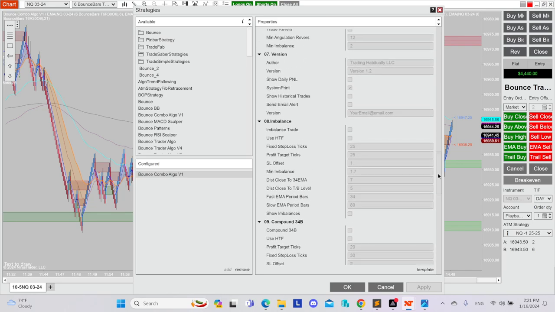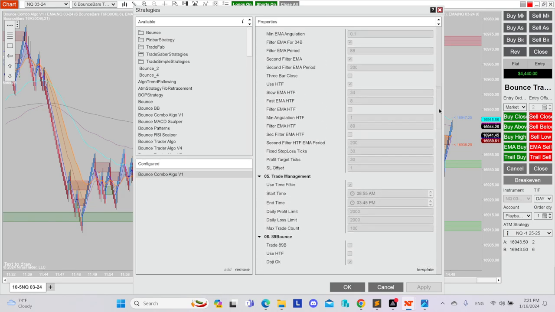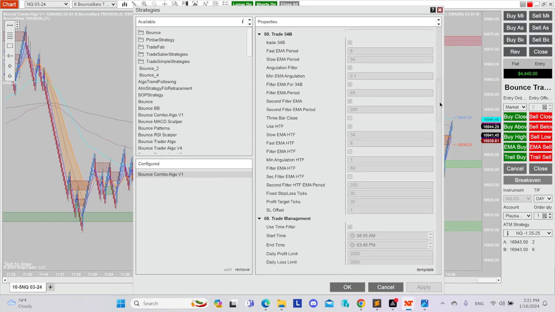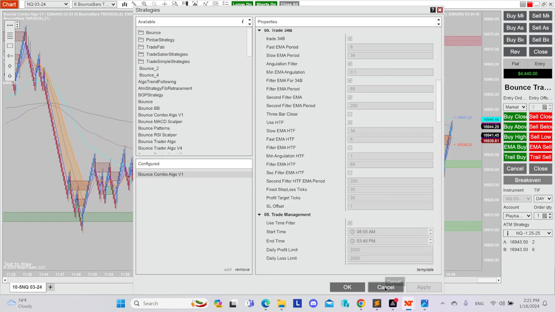So that's what this 34B is about. And stop loss and take profit are at least 1 to 1, which is really nice. And yeah, I did a lot of testing.